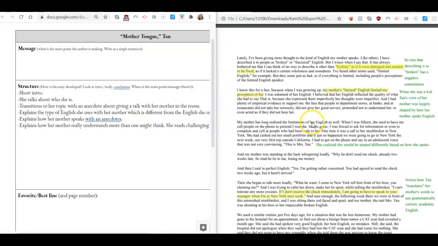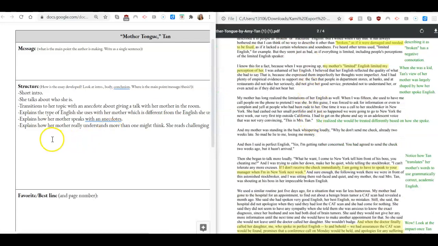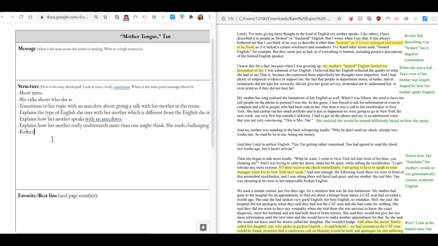Okay. Then we get more reflection. So she reflects on her mother's language use.